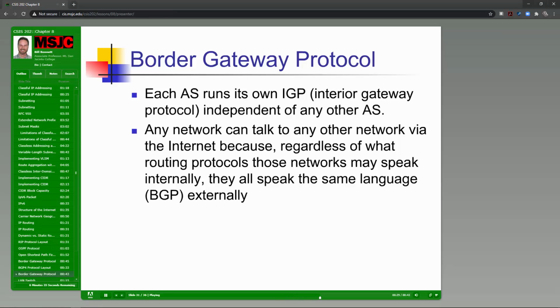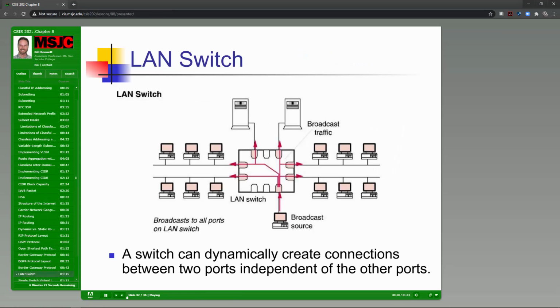Any network can talk to any other network via the internet, because regardless of what routing protocols they use internally, they're all going to be speaking the same language, BGP, externally.